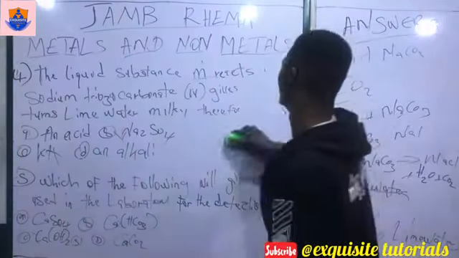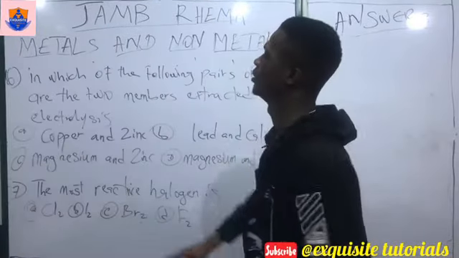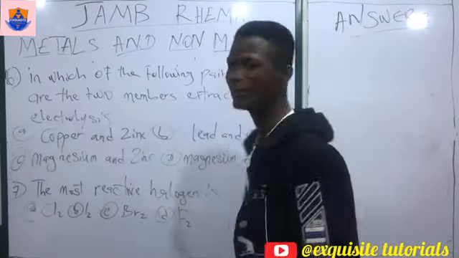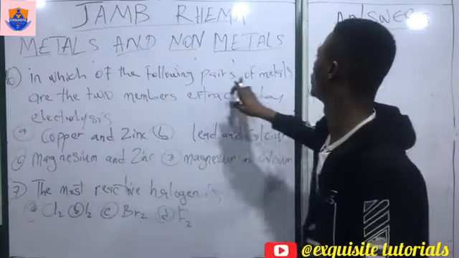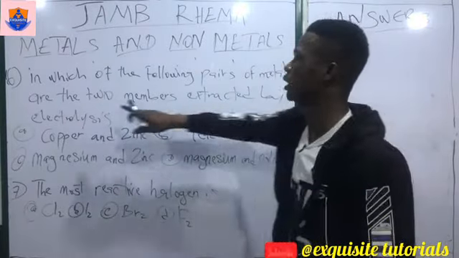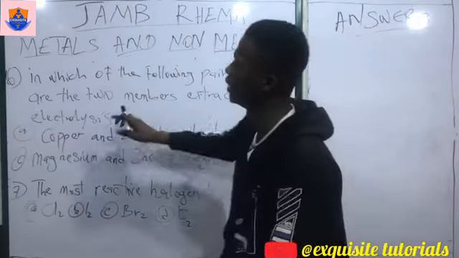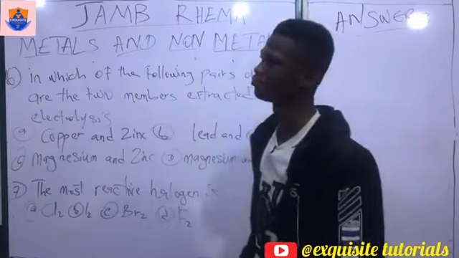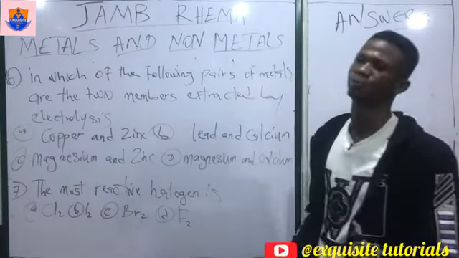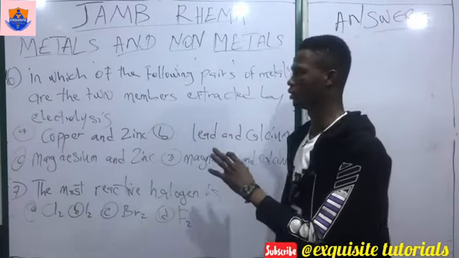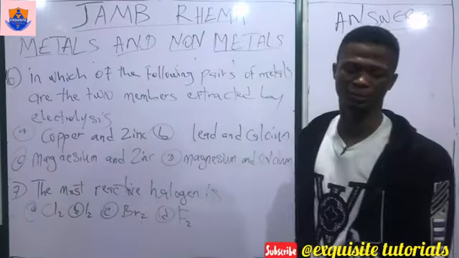Now let's proceed. Okay, now question 6 says, in which of the following pairs of metals are the two members extracted by electrolysis? Now, this one is talking about extraction of metals.